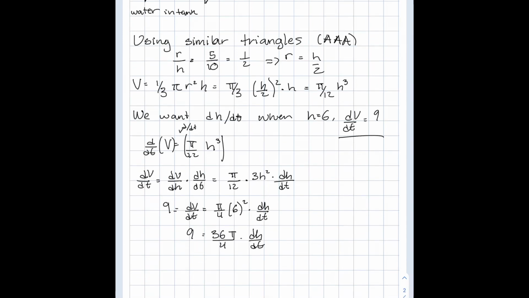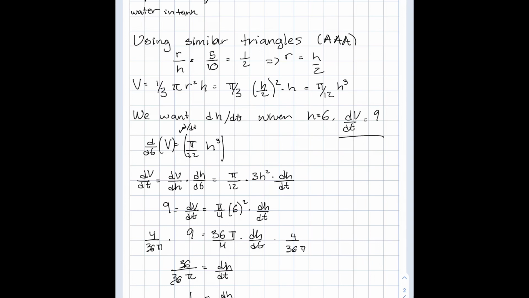And I'm trying to solve for dh/dt, so I'm going to multiply each side by 4 over 36 pi. Four times 9 is 36. And we get 1 over pi for dh/dt.